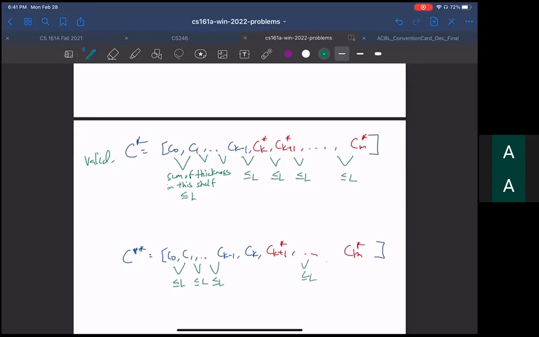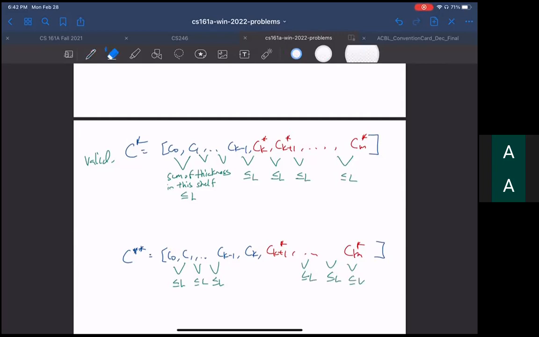The only thing that is different is these. Because we changed from Ck star to Ck, it's not clear whether, if you added up the books between Ck-1 and Ck, that is valid. And if you added up the books between Ck and C(k+1) star, is that valid? Okay.